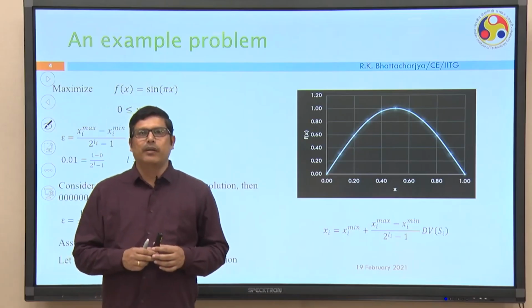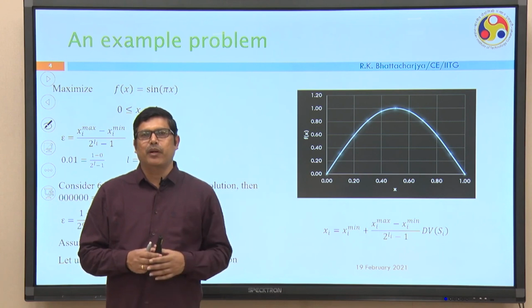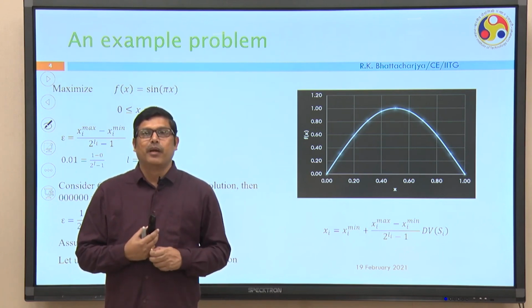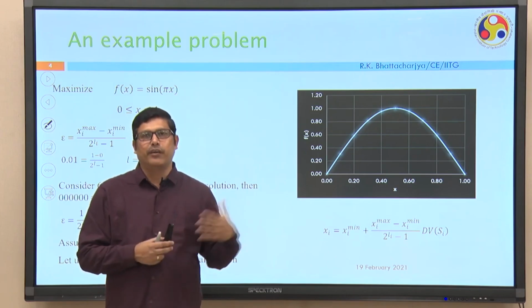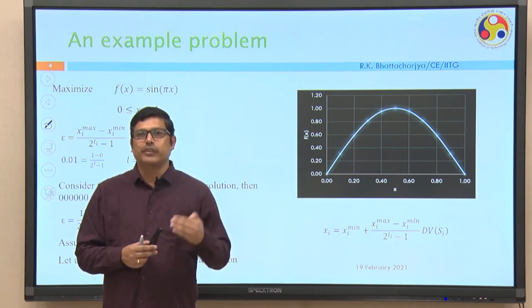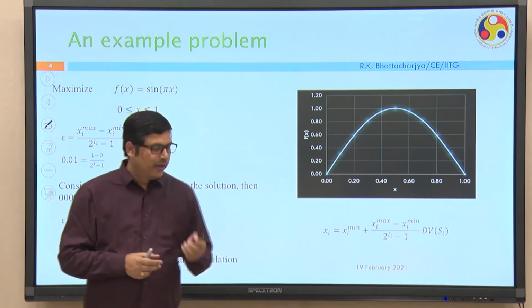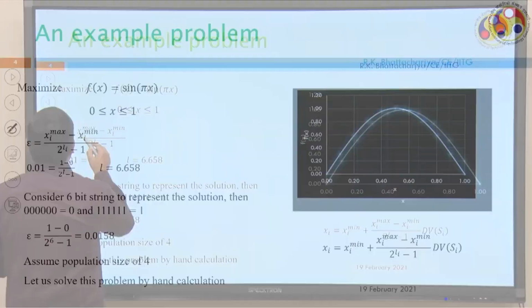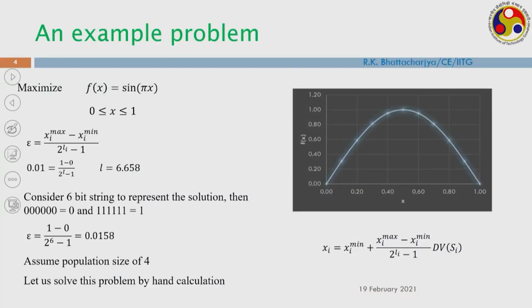Now, let us solve one example problem. This is a very simple example problem with only one optimal solution, and I will solve it here using hand calculation only, and then I will explain the different processes of the genetic algorithm. The problem is a maximization problem, and the function is f(x) = sin(pi x), where x is between 0 and 1.